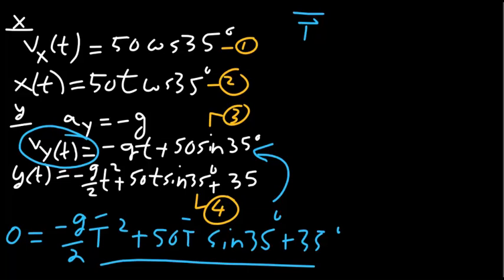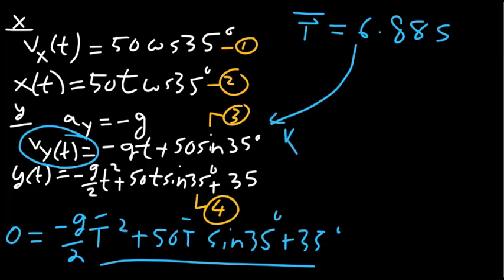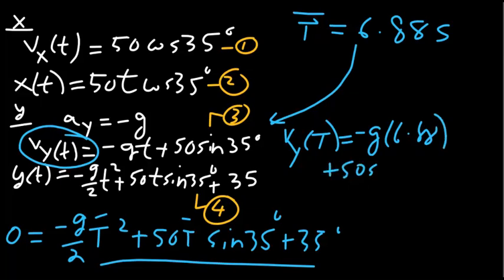Solving this quadratic equation, we get only one positive answer, and that is the answer that counts because we are dealing with time. It turns out to be 6.88 seconds. Now substituting this in, we get the y component at the time of impact: minus g times 6.88 plus 50 sine 35 degrees, and that is minus 38.8 meters per second.